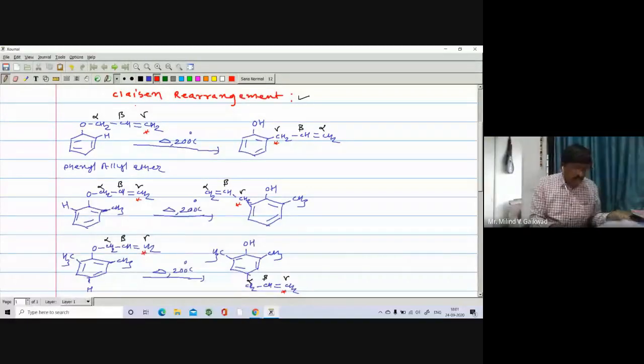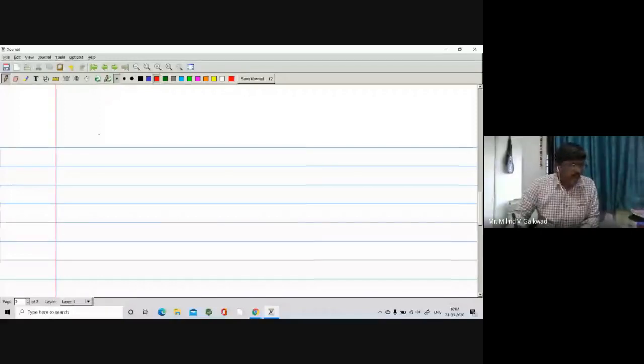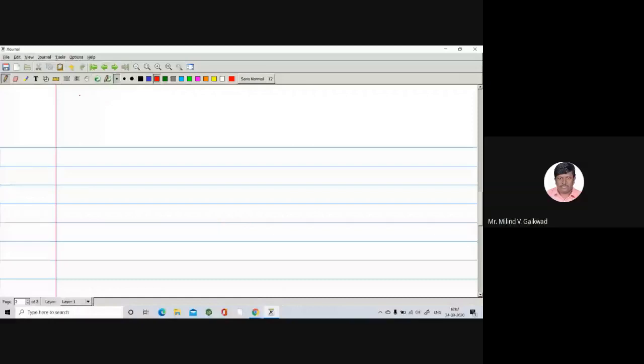Those are the next and the last three rearrangements. Yes, Hofmann. There is one more rearrangement, Hofmann rearrangement reaction, and then we'll see the last three.